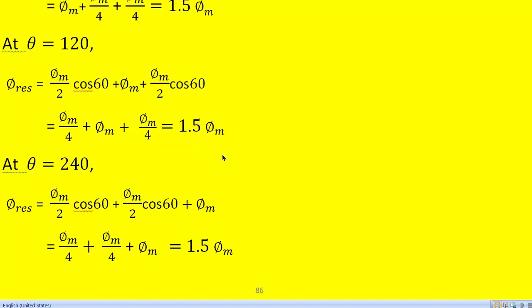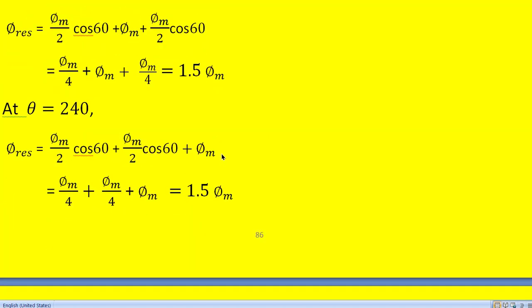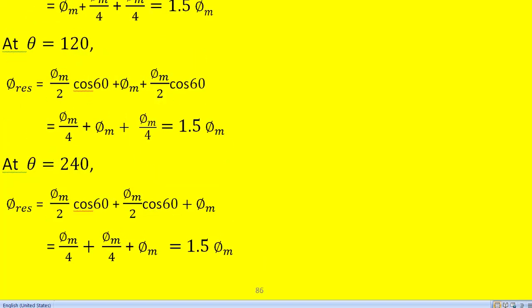So let us see what is going to happen at theta equal to 240 degrees. If you look at this, there is only one waveform which has the maximum, that is B phase, whereas the other phase waveforms have negative values.